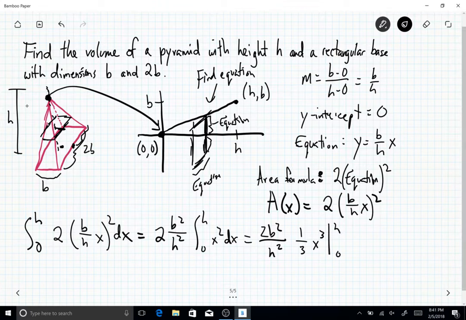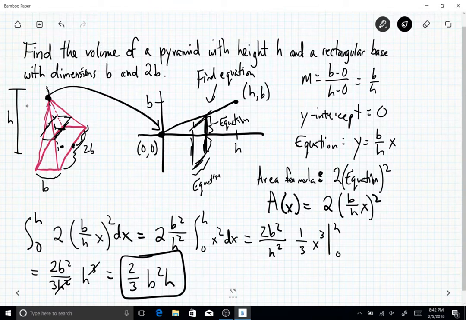Plugging in our bounds, we get 2b squared over, and we can pull the 3 down with that h squared, and then we have h cubed. So notice the cube crosses off with the h squared, and we're left with our final answer, let's write it this way: 2/3 b squared h, and that is our final answer.